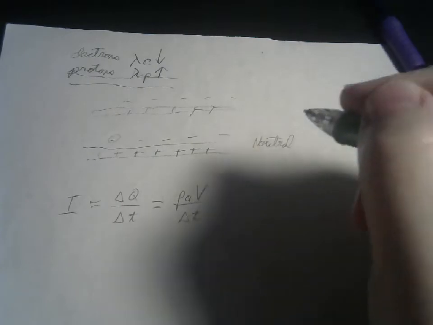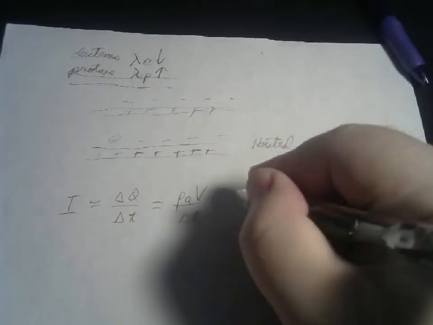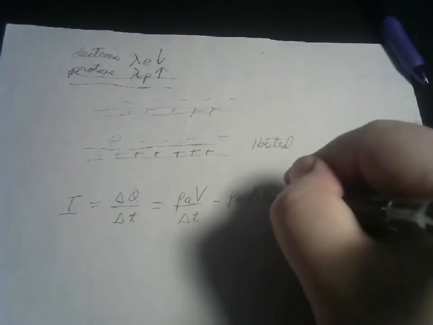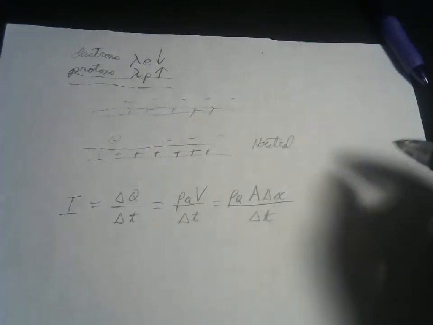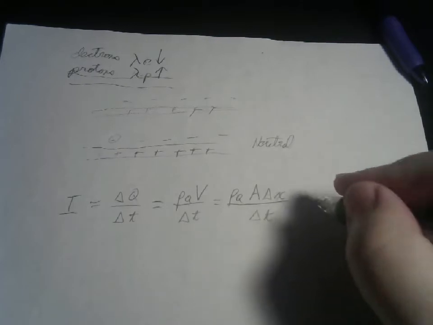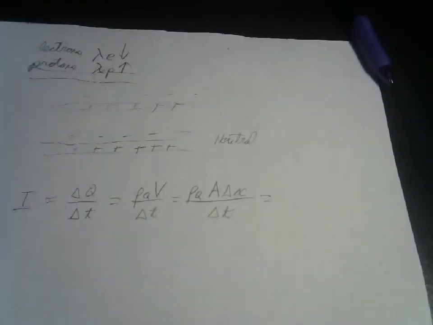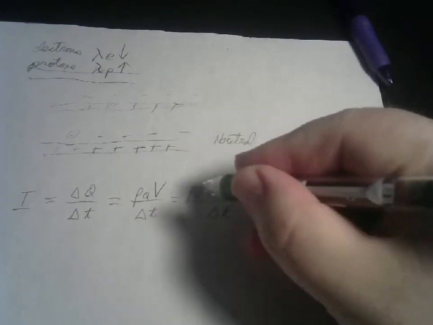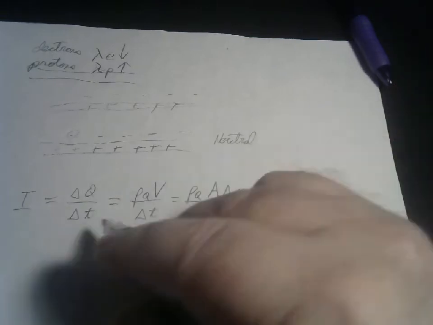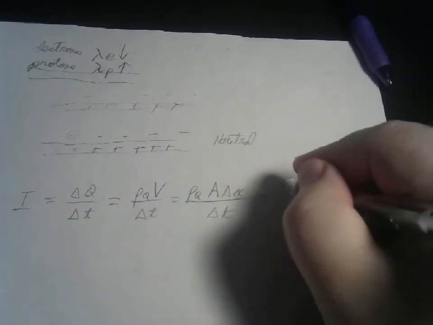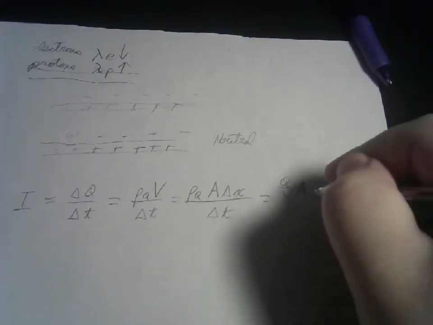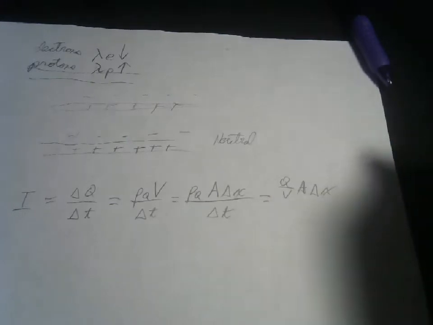I'm going to express the volume as the cross-sectional area times the delta x over delta t. And then the density is also the charge divided by the volume. Okay, this is kind of weird. It looks like I'm going backwards.